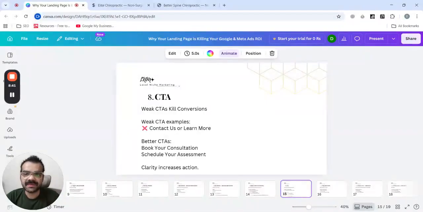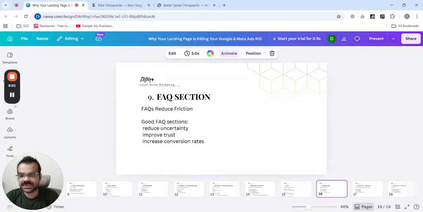Take a quiz to qualify, take a quiz to get better and personalized treatment for your pain, right? In this way, you can enhance the clarity of the actions from the users, right?